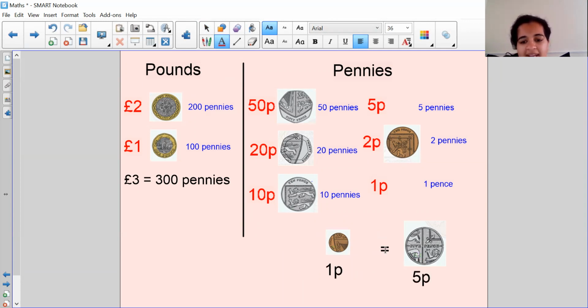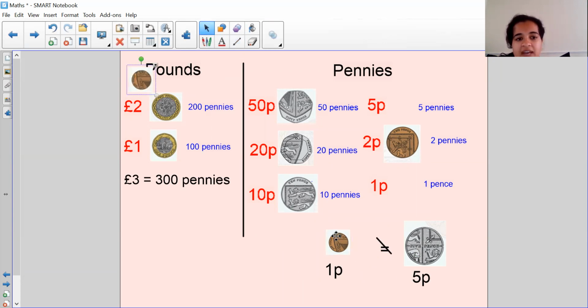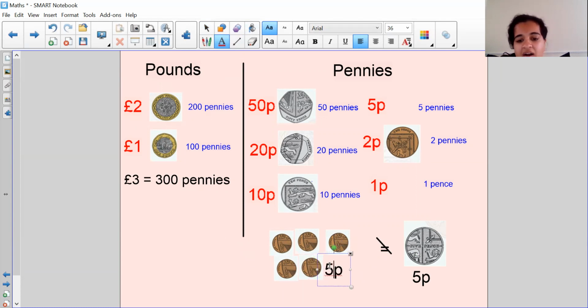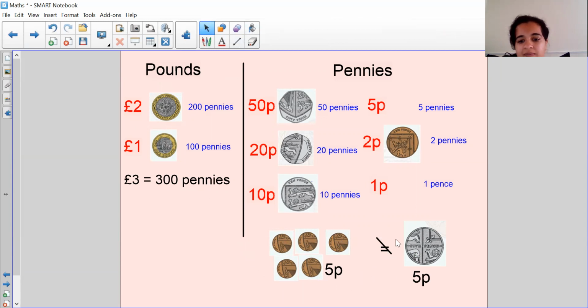So there is no way that that would be equal. That would be incorrect. But as we did before, if I then were to get 5 of them, 1, 2, 3, 4, and 5, I've now got 5 pennies, so I've got 5p, and now that would be equal.